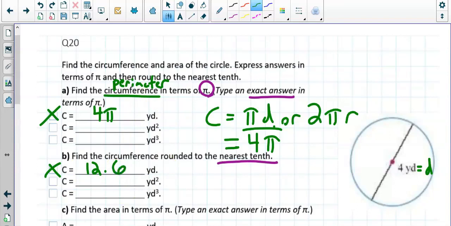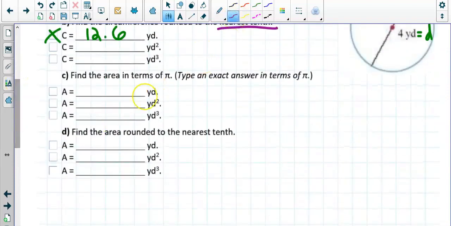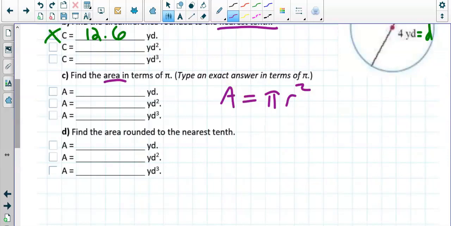Down below, now instead of circumference, we're looking for area. Okay? Area formula, there's only one: pi r squared. So up here, since we know the diameter, to get the radius, you need to take the diameter divided by 2. So the radius is equal to 4 divided by 2, which is 2. So now we know what to do.